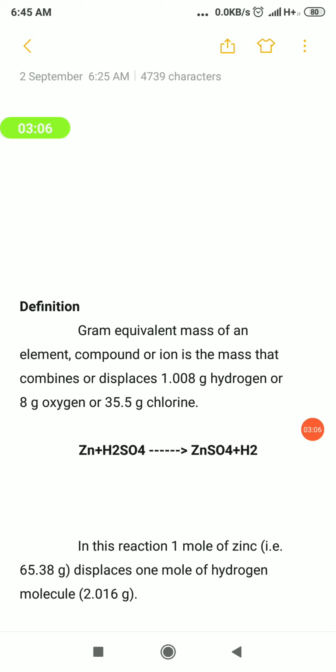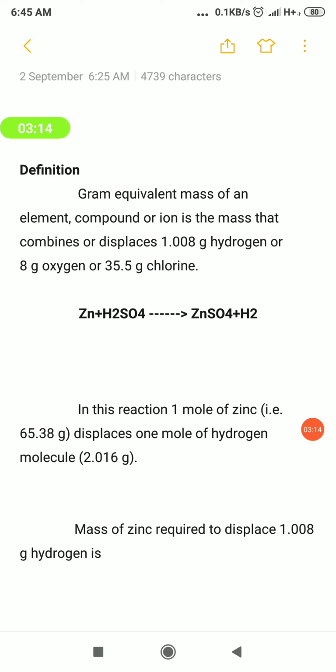So, அப்போ நம்ம என்ன கண்டுபிடிக்க போறோம் அப்படின்னா 2.016 gram hydrogen, what is the atomic mass of zinc? 63.58 தான் இதனுடைய atomic mass. So how we can say 63.58 gram of zinc is able to displace 2.016 gram of hydrogen. இதென்ன நடக்குது இங்க? 63.58 gram of zinc வந்து 2.016 gram of hydrogen displace பண்ணுது.